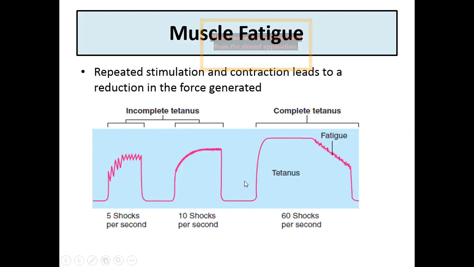And if you apply the stimulus where the multiple stimuli fall during the contraction period, you will get tetanus. And if you give so many stimuli, slowly the muscle is going to be relaxing. The muscle tension is going to be decreased. That is called fatigue.